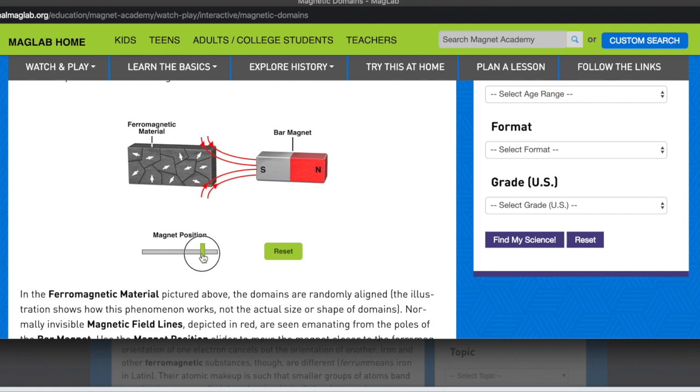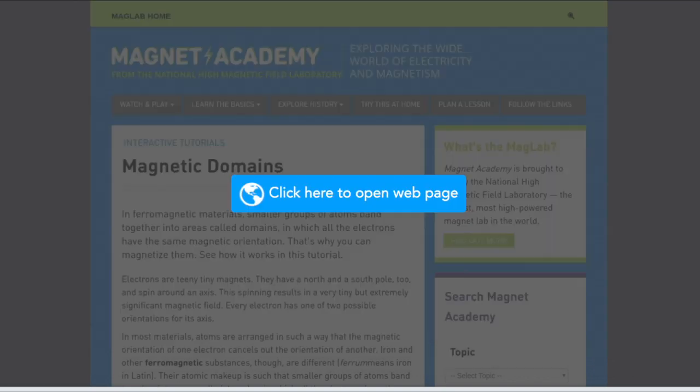As the magnet gets closer, you see that the magnetic domains begin to turn, and they align themselves so that their North Pole is pointing to the South Pole of the magnet. The closer the magnet gets, the more these magnetic domains turn and are influenced by the bar magnet. So you can take a moment to read through this article and try out this demonstration to see how all of that works.